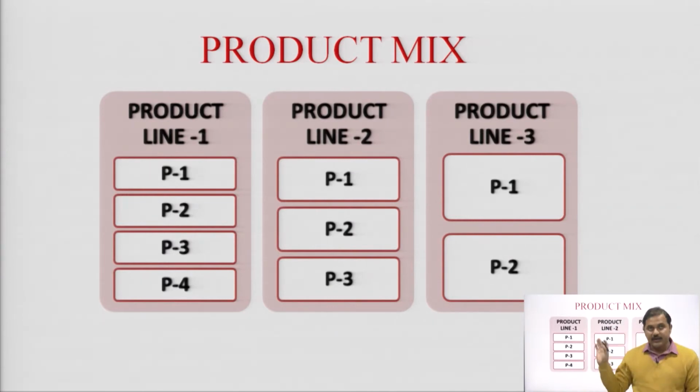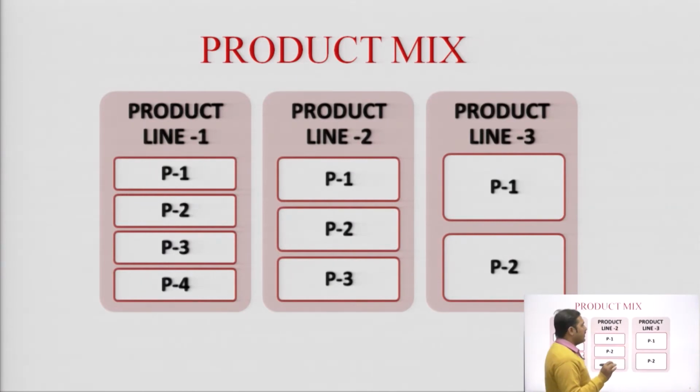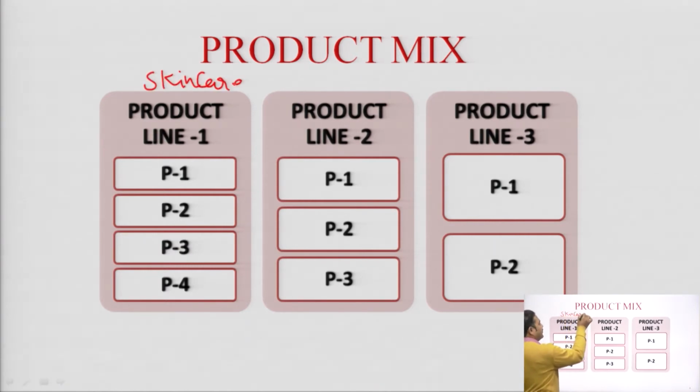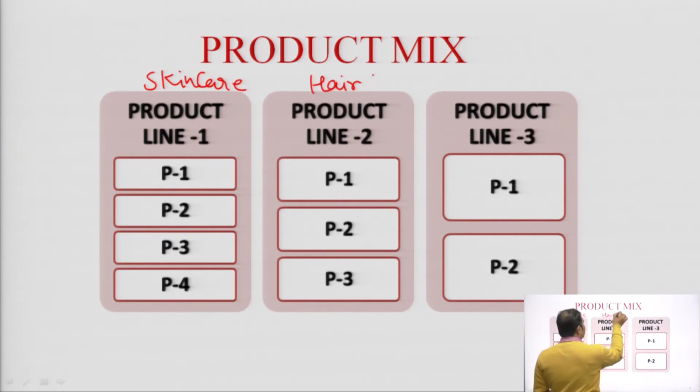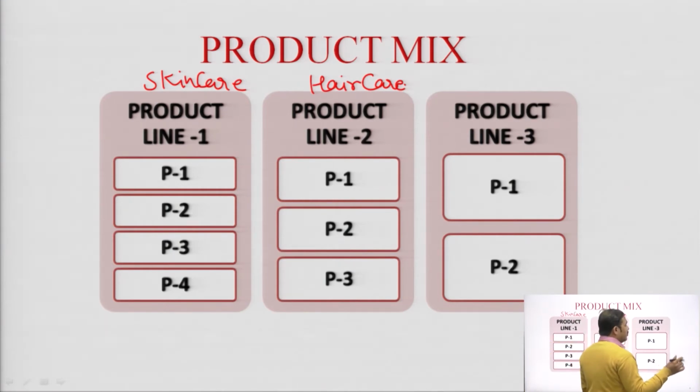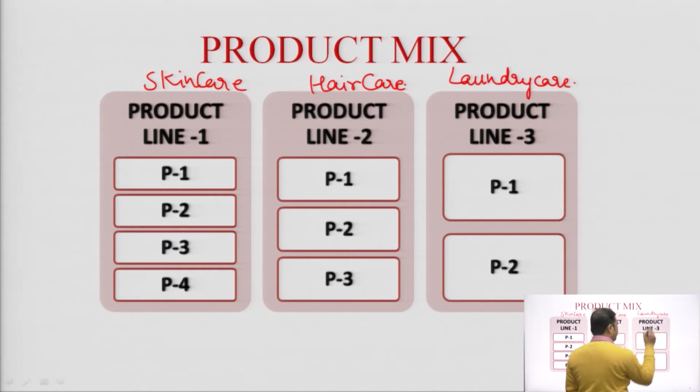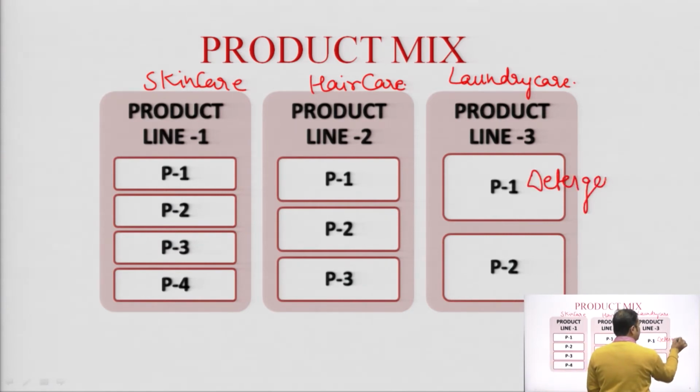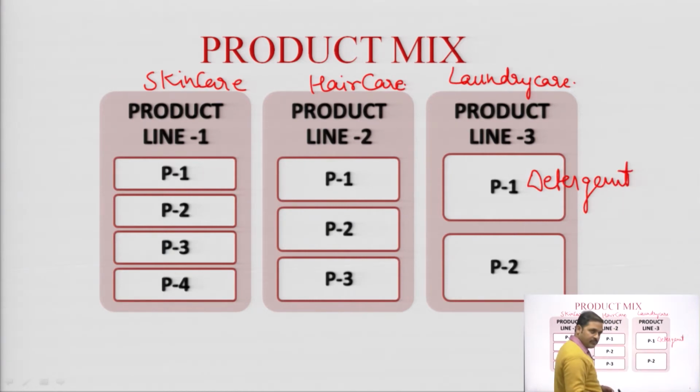I have given you a systematic way to identify what a different product line is. Just now I said that for a company one product line is skin care, one is hair care, and one we can take as laundry care, where we have a detergent or a washing bar.